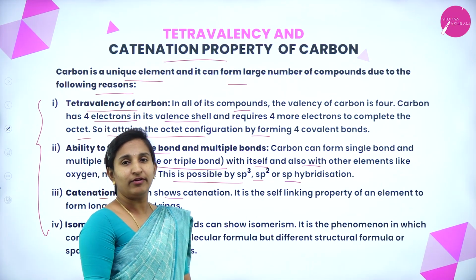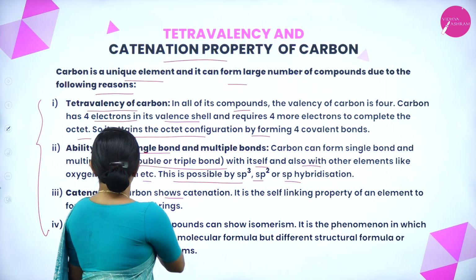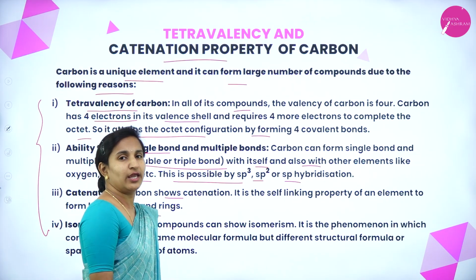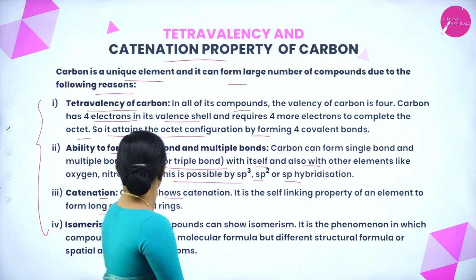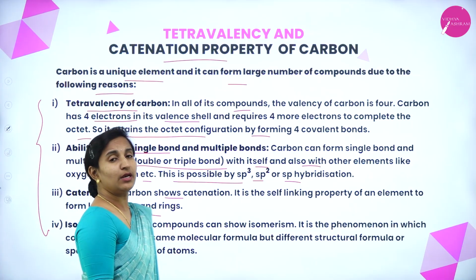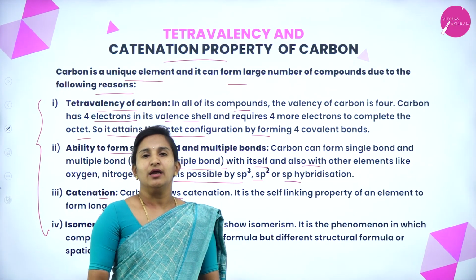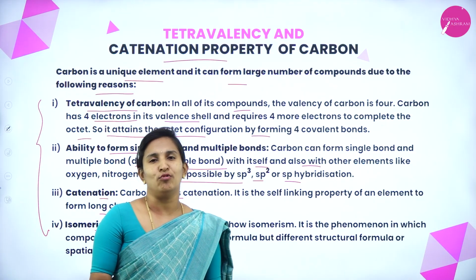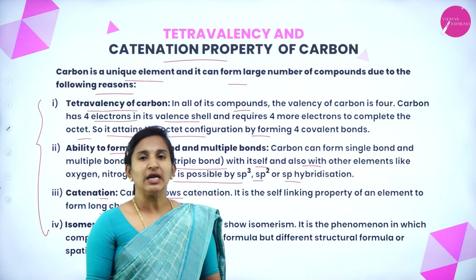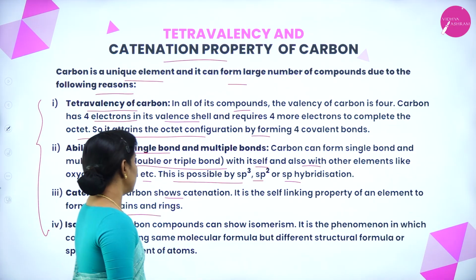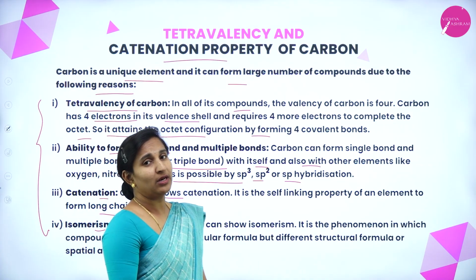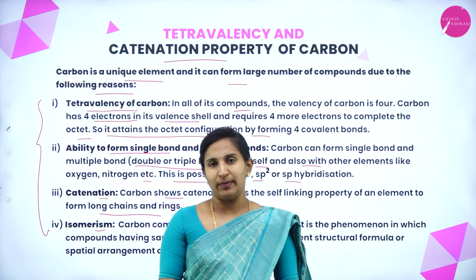It is the self-linking property of an element to form long chains or rings. Isomerism. Carbon compounds show isomerism, that is, compounds having the same molecular formula but different structural formulas. This phenomenon is called isomerism.